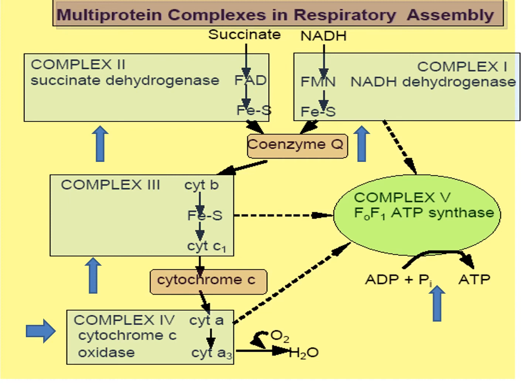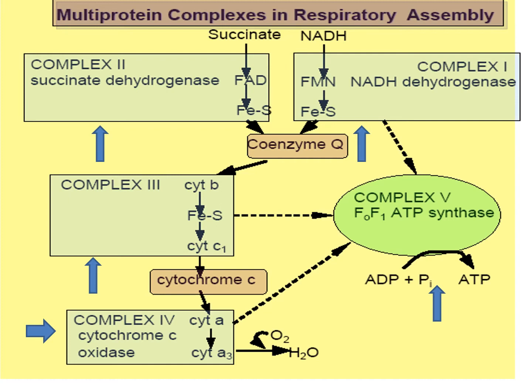FAD is flavin adenine dinucleotide. Complex 3 contains cytochrome B, iron sulfur protein, and cytochrome C1. And complex 4 contains cytochrome A and cytochrome A3. These complexes are embedded in the inner mitochondrial membrane as fixed.